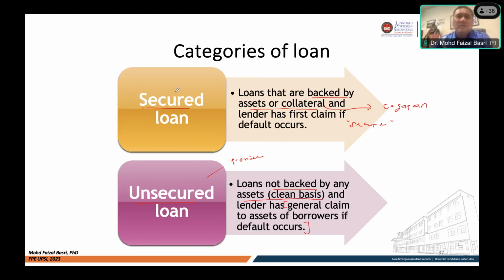Between the two, obviously, this one is higher risk, because it's not backed by any collateral. So if the customer cannot repay, they don't have this second level of protection for the bank, especially to repossess or take over the assets in order to repay the loans.